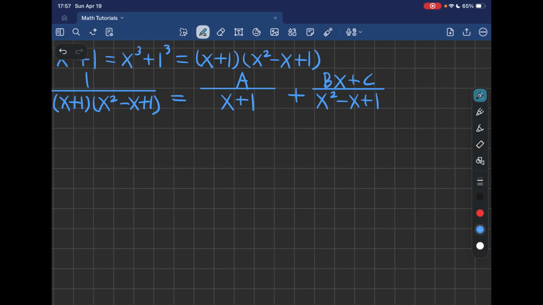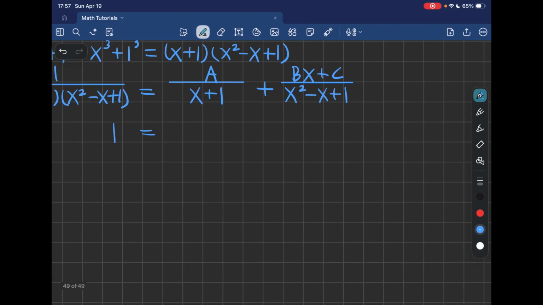So now we just have 1 right here alone, and then for here we have a times x squared minus x plus 1, and plus bx plus c times x plus 1.